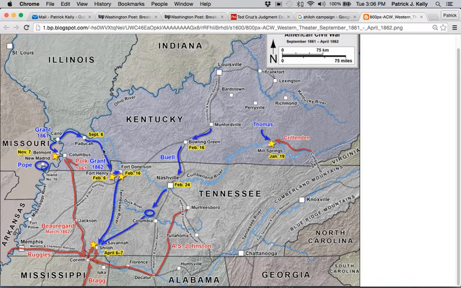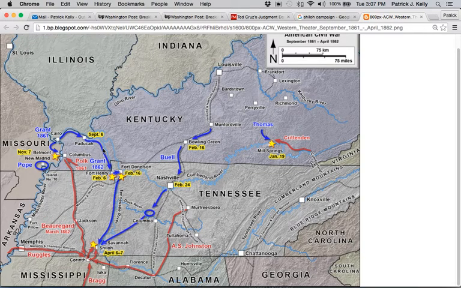And again, remember that the Union Navy is very, very active on these rivers. The Union Navy, somewhat surprisingly if you're new to the Civil War, is very much a part of campaigns in the interior of North America, because the rivers, the Tennessee River, the Cumberland River, the Mississippi River, are so enormous. And what you need the Navy for is transportation, for gunships, for artillery. They had steamships at this point.